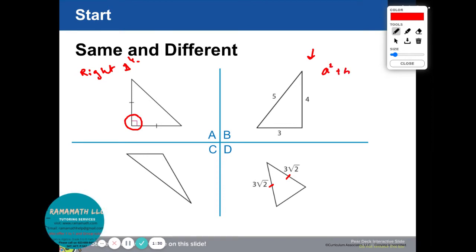A squared plus B squared equals C squared or not. So we're going to check this one. If they're equal, then it is a right triangle. If they're not equal, then it's not a right triangle.